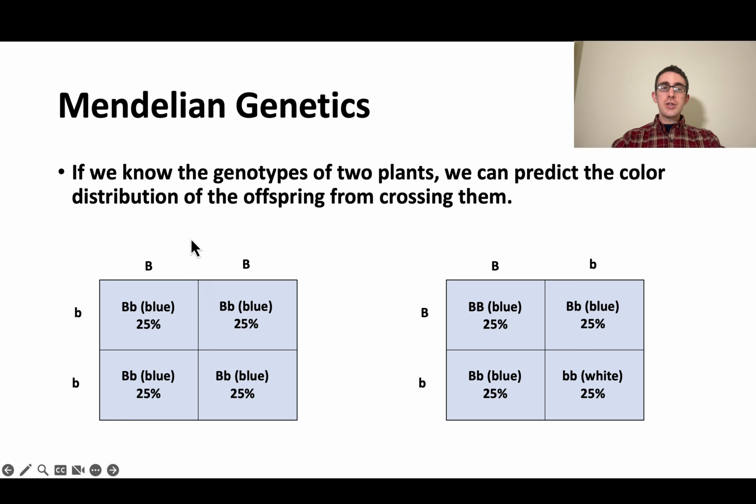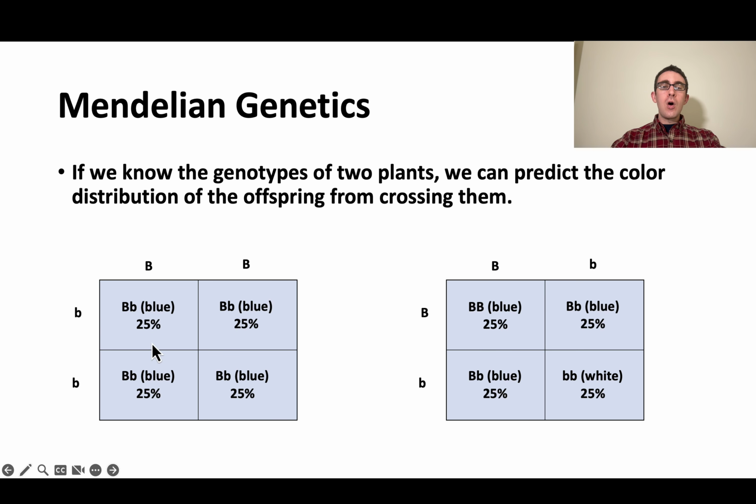In this case, the only possible combination in the offspring generation is having one of each, because all of the offspring flowers are going to get one blue allele from the blue parent flower, and one white allele from the white parent flower.